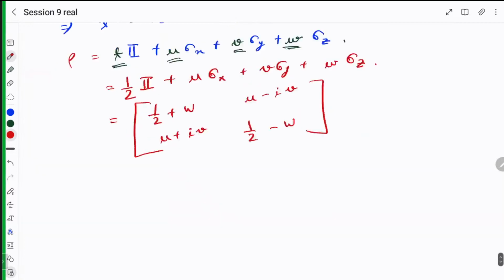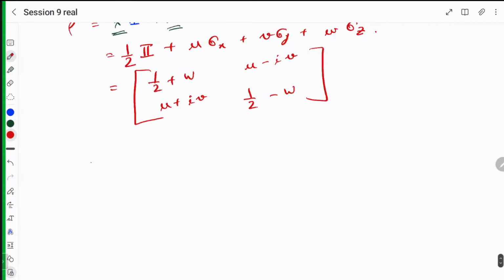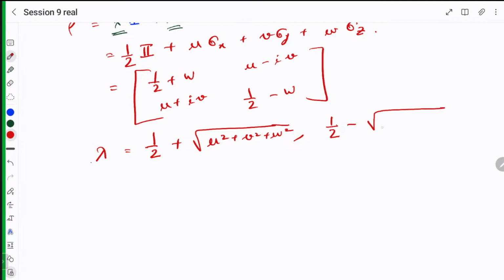If you calculate the eigenvalues lambda of rho, you will get two eigenvalues: one is half plus root of U squared plus V squared plus W squared, and the other is half minus root of U squared plus V squared plus W squared.